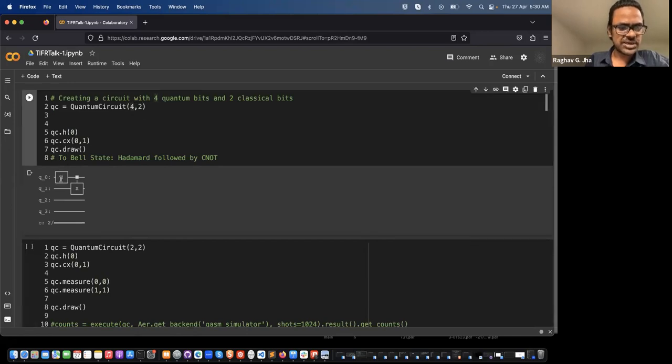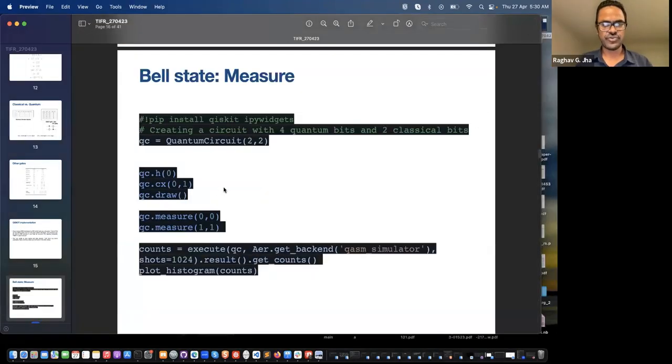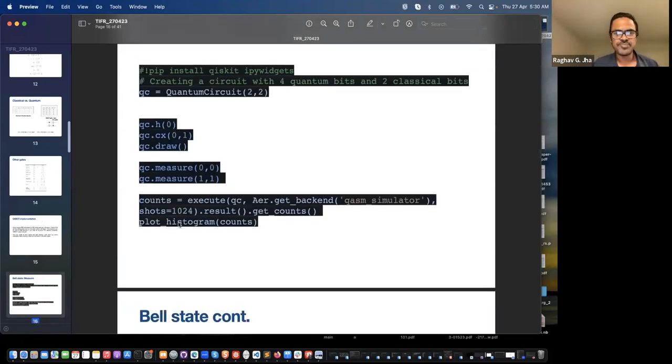The first bit is passing through a Hadamard gate. The second bit is passing through, 0 and 1 are passing through a control NOT gate. And the second and third are not touched. And if I do this, I create a Bell state. So a Bell state is always 0, 0 initialized and Hadamard followed by CNOT. So that is one of the examples which we can do using Qiskit.